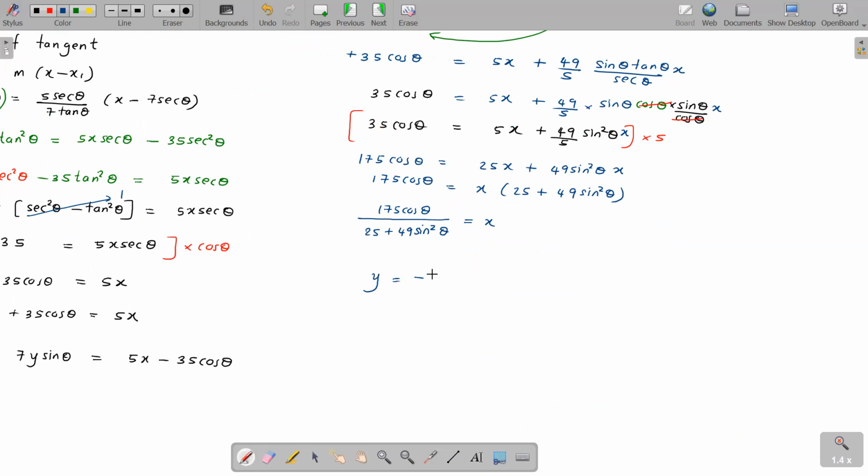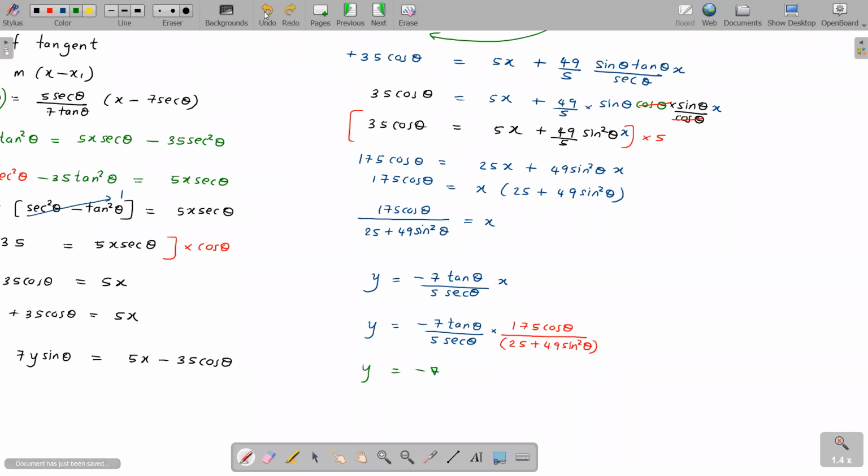y equals minus 7 tan theta over 5 sec theta times x. So now replace the x here. Minus 7 tan theta over 5 sec theta multiplied by x, which is 175 cos theta over 25 plus 49 sine square theta. I think we can simplify. Tan is sine over cos, right?